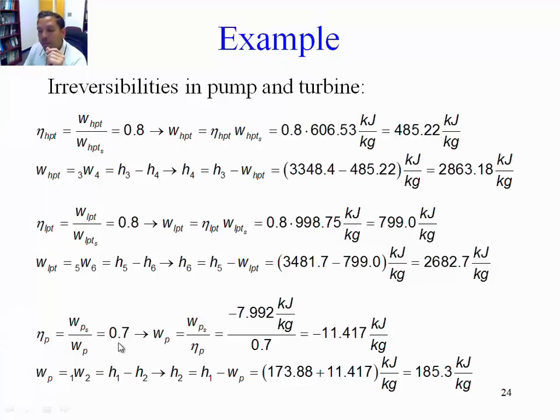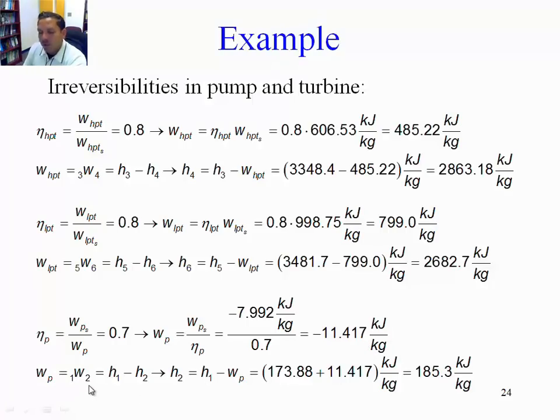We're told that the pump has an adiabatic efficiency of 0.7, so there are some irreversibilities. This means that this pump doesn't require what we ideally found, 8 kilojoules per kilogram of work. It actually requires 11.41. So it requires, in reality, more than what it ideally does.